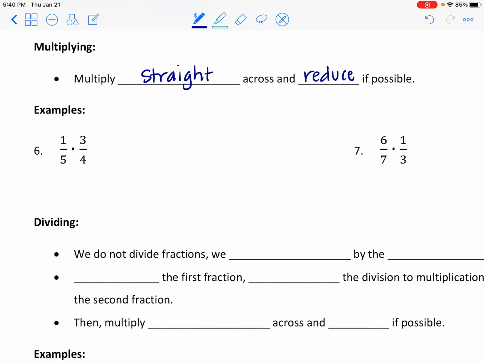Okay, so for example here, straight across the top, 1 times 3 would be 3. Straight across the bottom, 5 times 4 would be 20. And 3 and 20 have nothing in common. I can't break down the 3. If I broke down the 20, 4 times 5 and 2 times 2, nothing's going to be in common there. So since that has no common factors, that's going to be our simplified answer, our simplified product, okay?